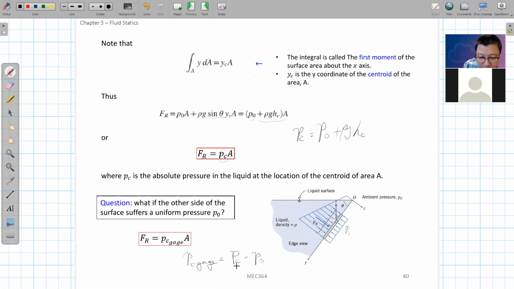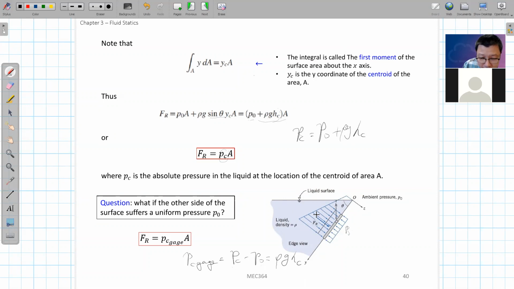This PC minus P0, the absolute pressure at the centroid minus one atmospheric pressure, gives you the gauge pressure at the centroid location. And this is just equal to rho G H of C. Basically you do not have this P0 anymore. So this is the gauge pressure.